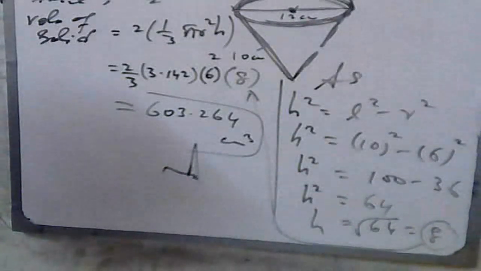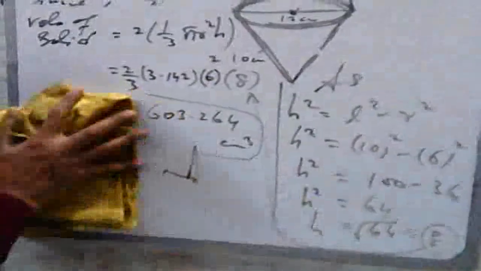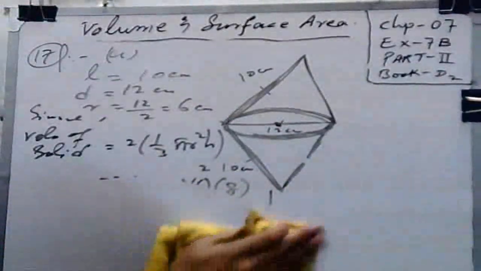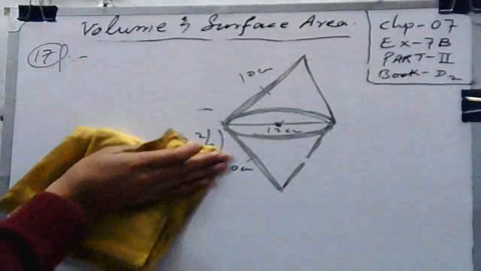Now in the B portion we have been asked to find the total surface area of the solid. In the B part, we have to find the total surface area.